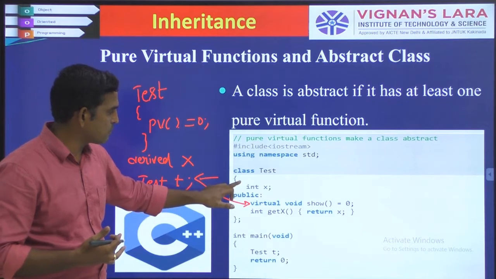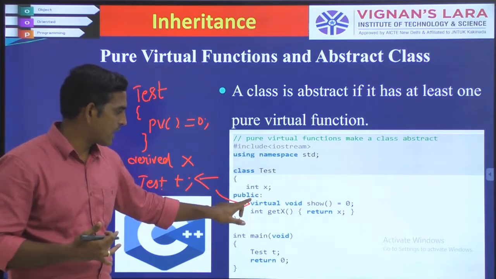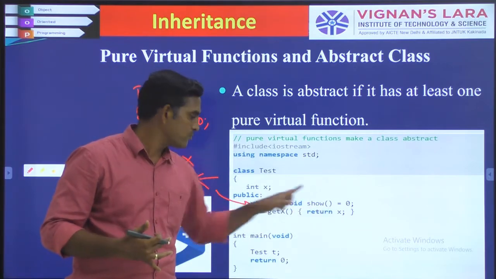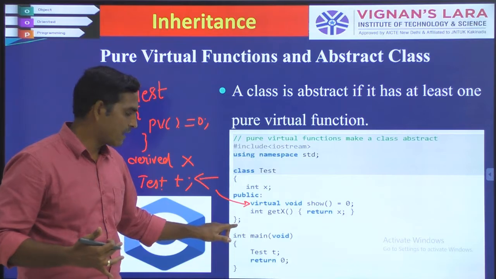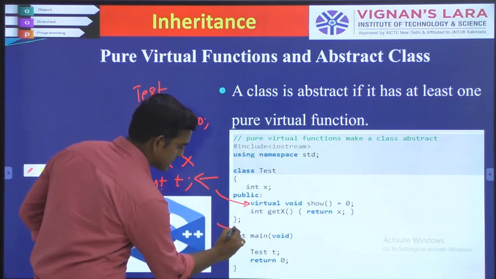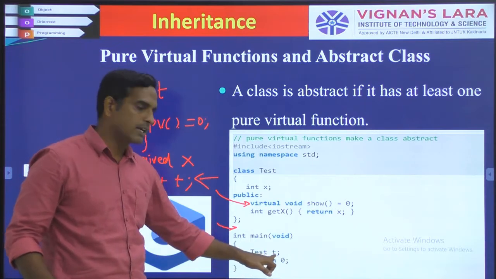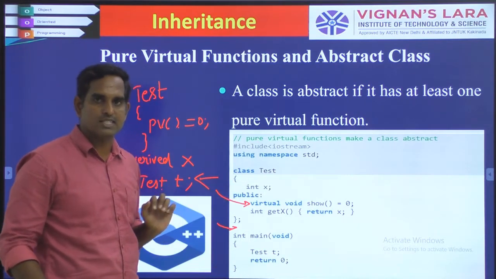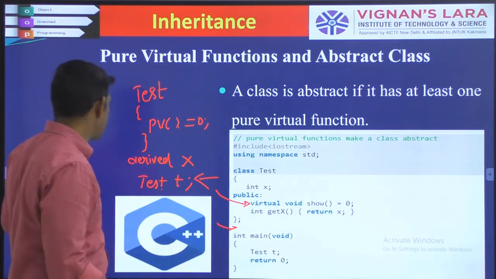So in this example, you have a class test and you have a pure virtual function show, and there is a normal method getX, and you haven't written any derived class here. Directly you have gone to main, and inside the main I try to create the object for the test class. So when I try to create the object for the test class, you will be getting an error.